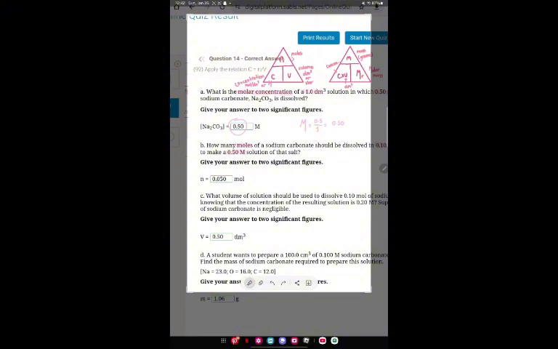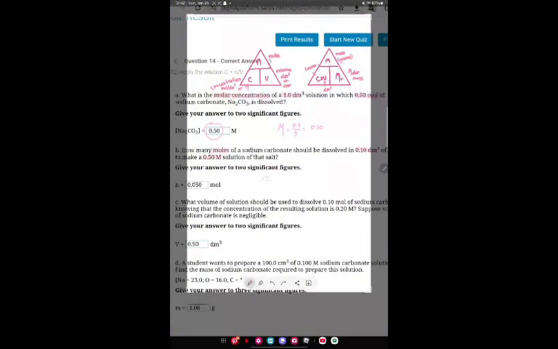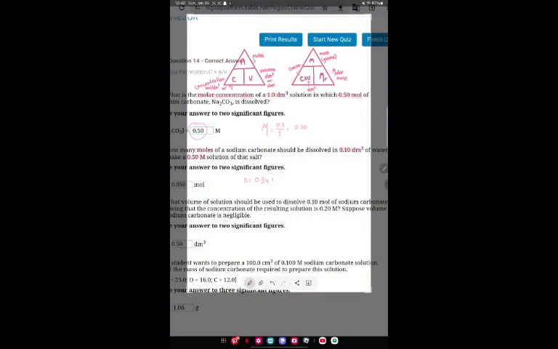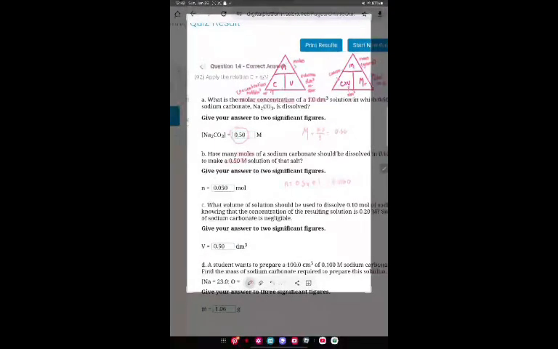Okay, so we're going to do n equals 0.5 times the volume, which is 0.1. You're going to get 0.05. You're going to add another 0, so it's two significant figures, and yeah, that's it.